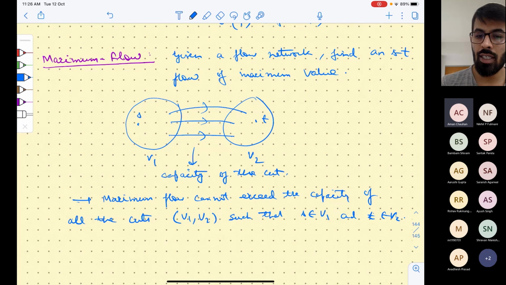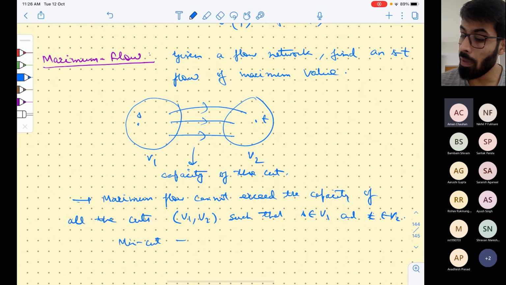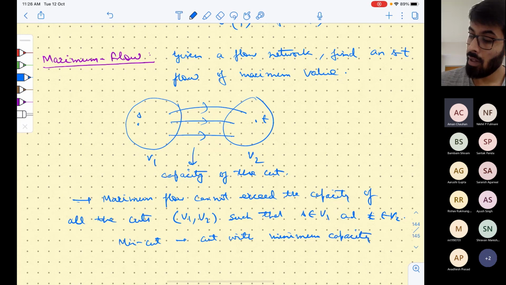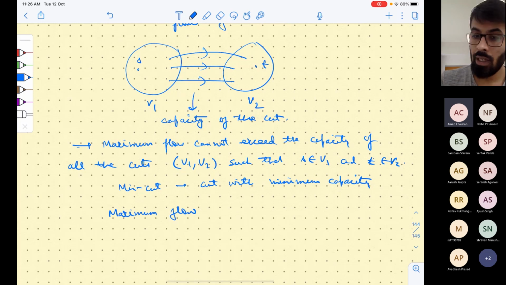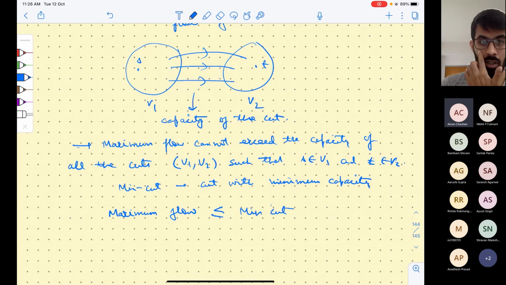If the cut with minimum capacity is called the min cut, then what does it mean? That the max flow is less than or equal to the min cut. This is what we just observed, that at some point you cannot send more than this.